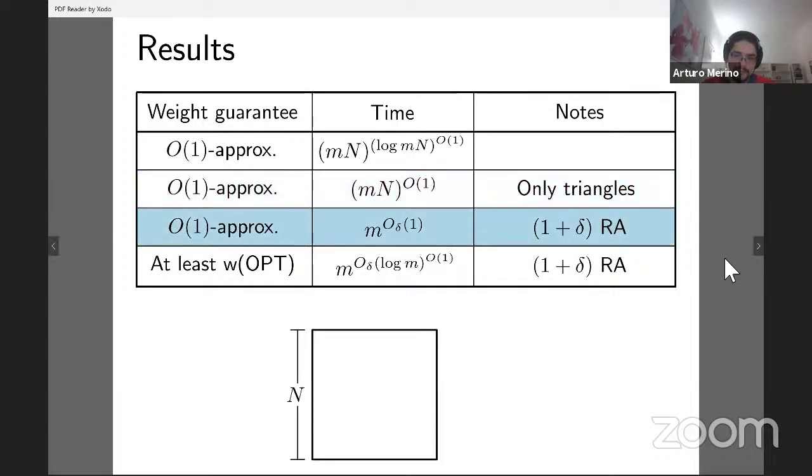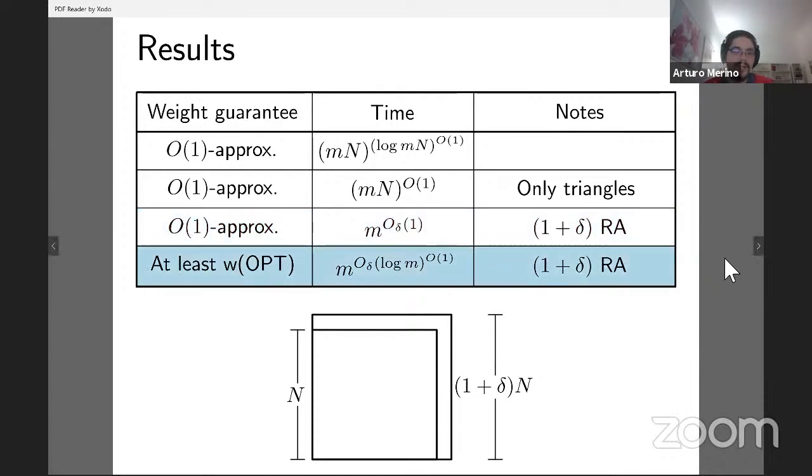This means that we take the original knapsack and stretch it by a factor of 1 plus delta, but we compare ourselves to the optimum of the original knapsack. In this setting, we can get a constant approximation in polynomial time. We also have an algorithm that returns a solution of weight at least the original optimum, and it does so in quasi-polynomial time. So this is the summary.